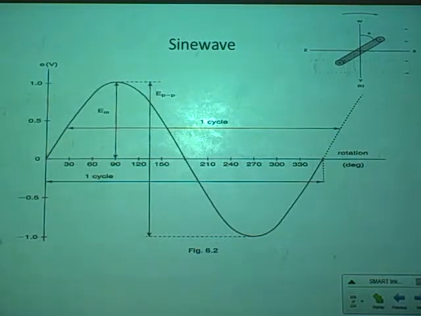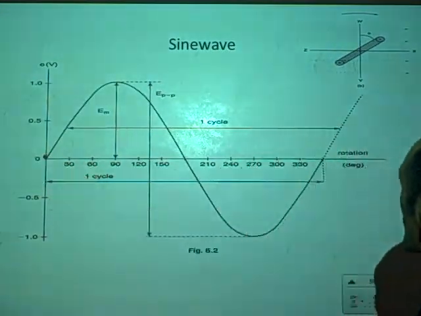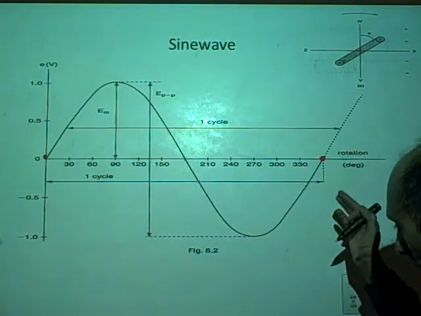You know that from this starting point here at 0 to that point there is one revolution of the conductor loop. Note that one cycle is the interval between any two corresponding points on this graph.